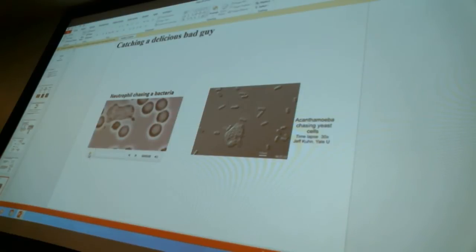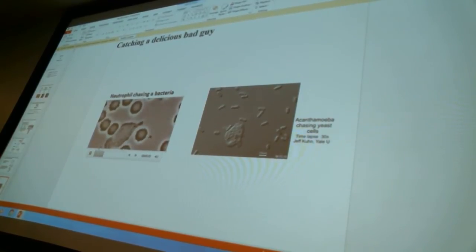Here are some examples of neutrophils chasing a bacteria, and you can almost feel like they are intelligent beings. They are really coming after this bacteria and trying to engulf it very rapidly and right on cue.